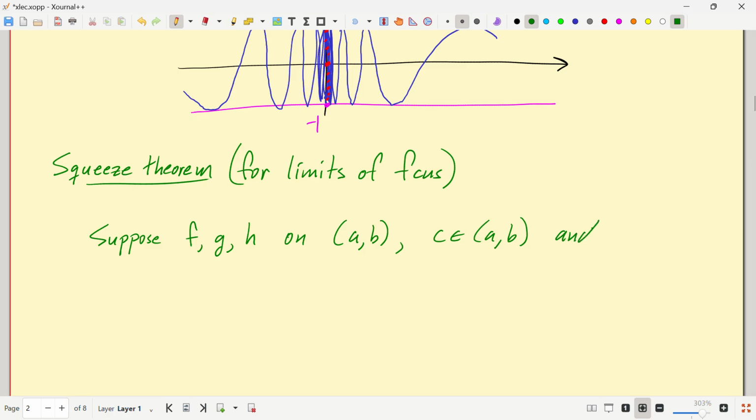And we have a squeeze inequality. So we have f of x is less than or equal to g of x is less than or equal to h of x for x unequal to c.